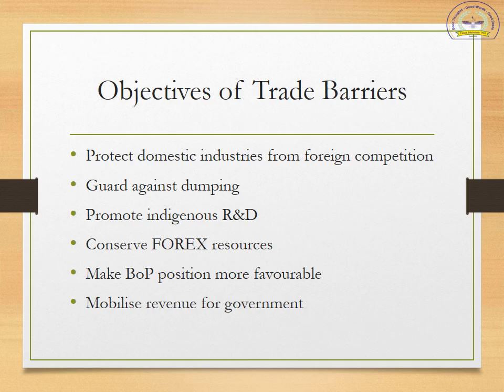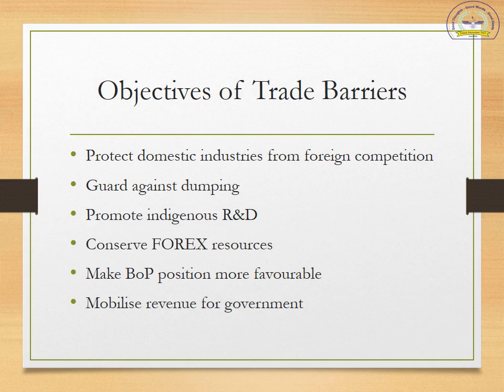Trade barriers can also help in promoting indigenous research and development. This not only helps to promote new products, but also sometimes gives rise to new industries. Trade barriers helps in the conservation of foreign exchange resources of the country by restricting imports.